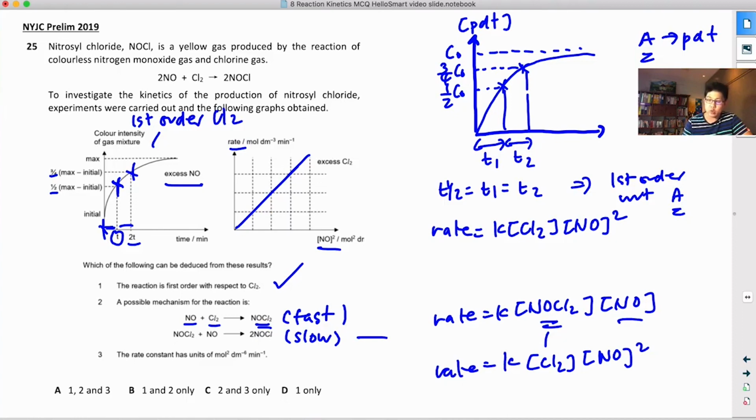Can you see that? It's the same as the overall. So it's actually possible, provided the second step is the slow step. I'm going to put a tick here. This is fine.